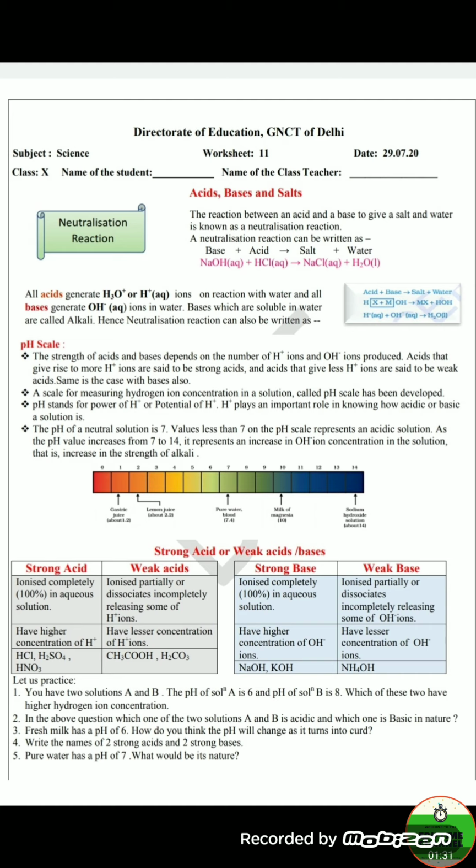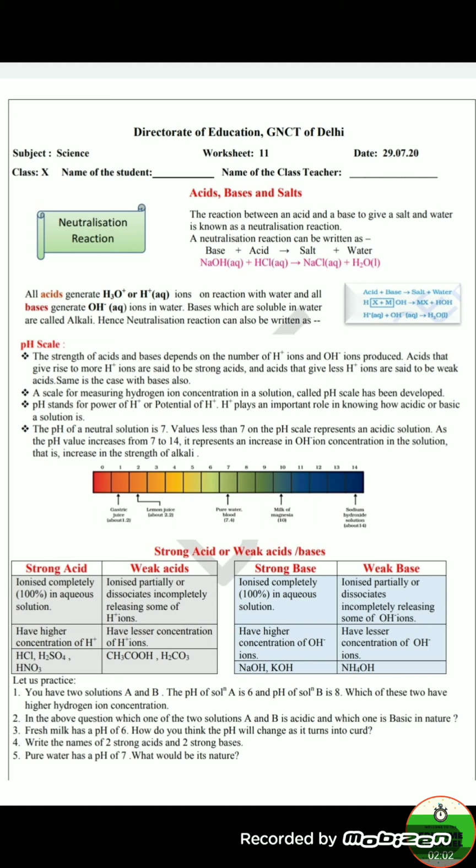X stands for Cl, and M stands for the metal contained in the base, and these two combine to form MX and water. The remaining hydrogen and OH ion combine to form water, right?